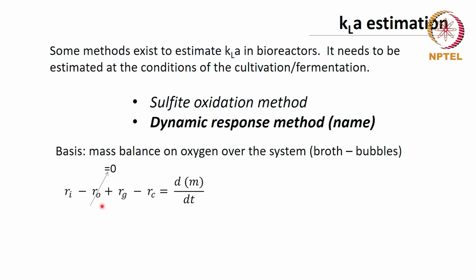Now recall, this is the bioreactor broth. The oxygen is being bubbled, or the air is being bubbled through the bioreactor broth, through the bubbles, and we are looking only at the liquid part of the broth. So this is our system. Oxygen does not get out of the liquid part of our system until supersaturation conditions are reached.